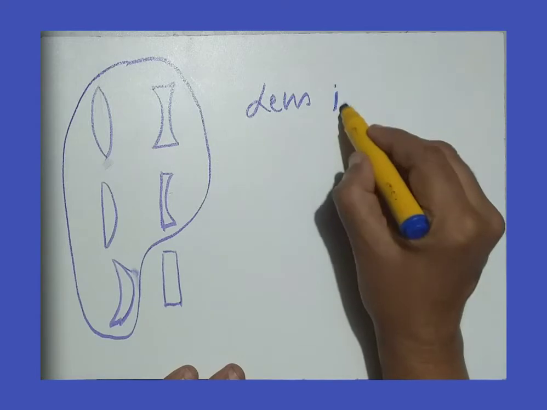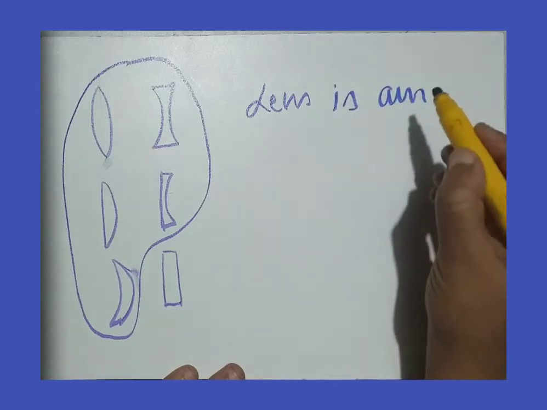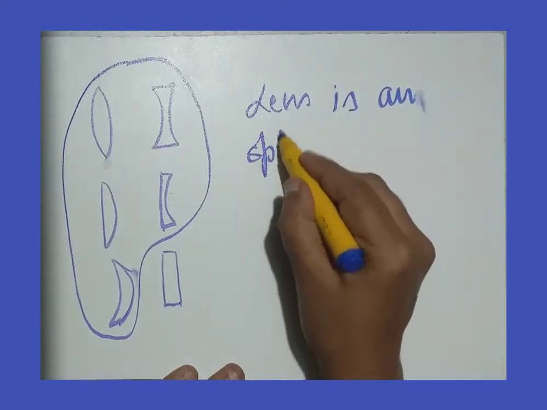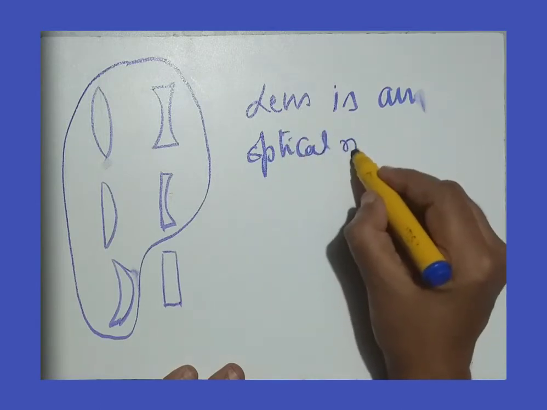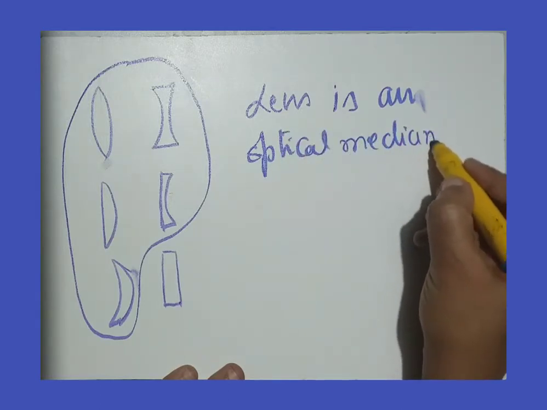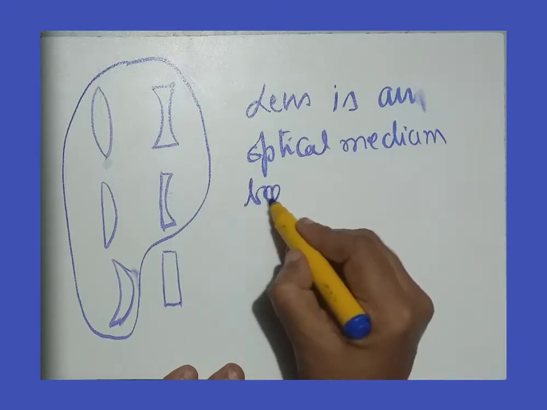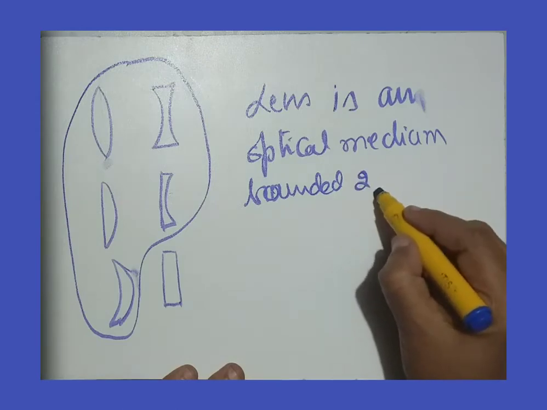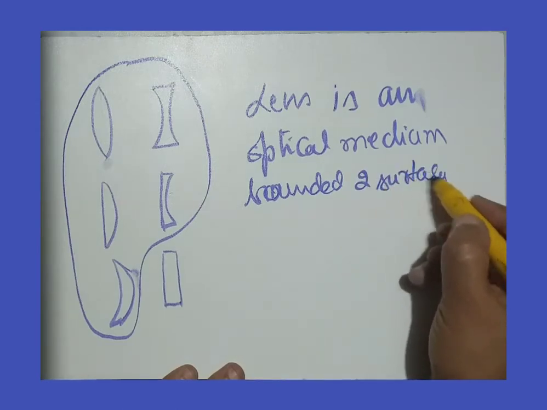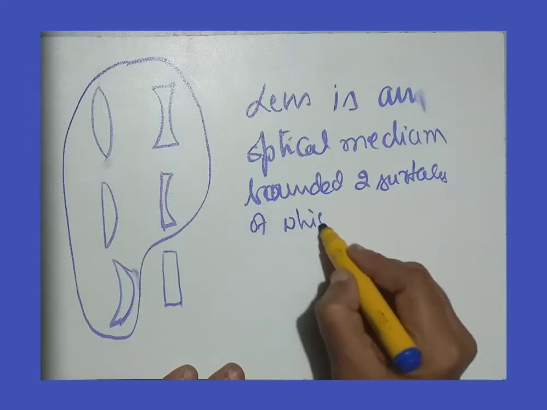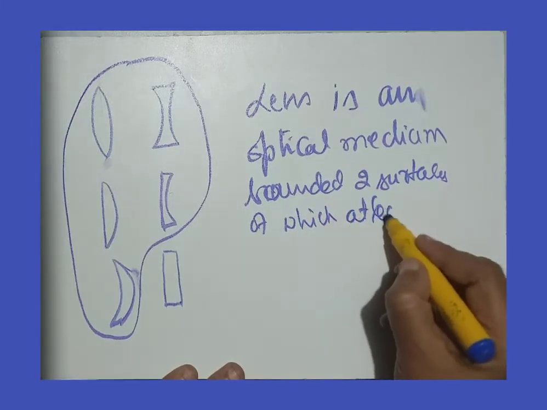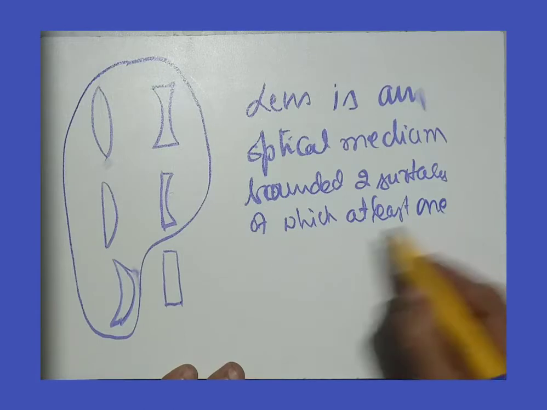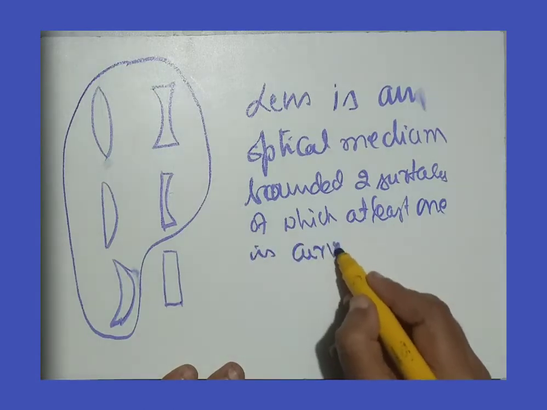Say, lens is an optical medium bounded by 2 surfaces of which at least one is curved. We learn some definitions regarding the lens now.